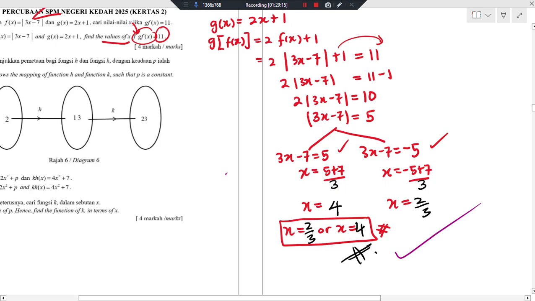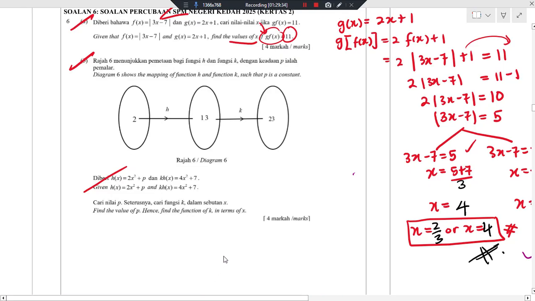Your favorite arrow diagram. So, guys, you need to know how to read what this means. Know? For example, look. Here it puts H, but here 2. It means H(2) equals 13 and K(13) equals 23. That is the meaning. You need to know how to read it first. And H(x) is given, KH(x) is given. Find the value of P. And then find the function K in terms of x.